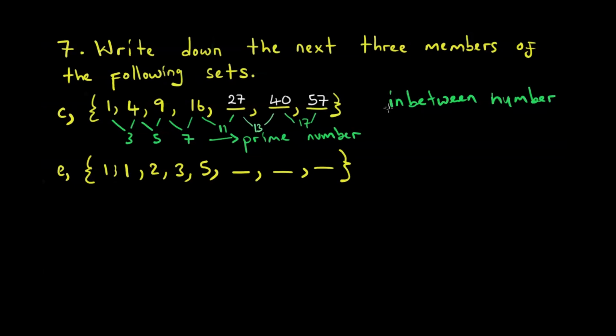I think you have understood, especially now the in-between numbers. Once we find our in-between numbers, we look for the relationship that shows the next 3 in-between numbers which we can use to get what we want.